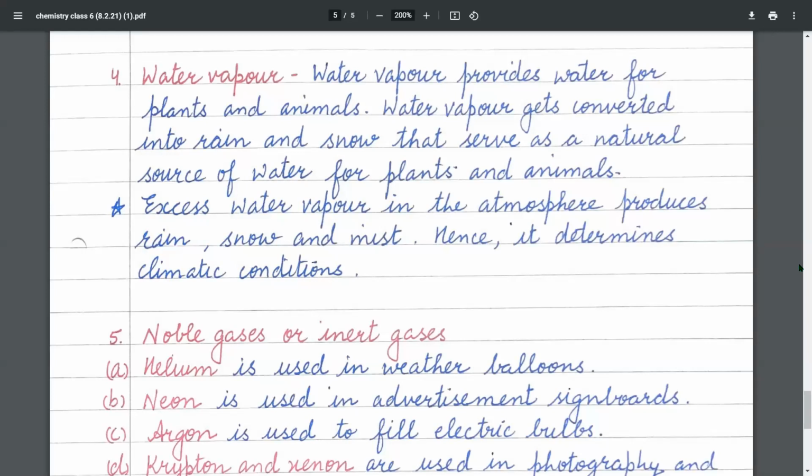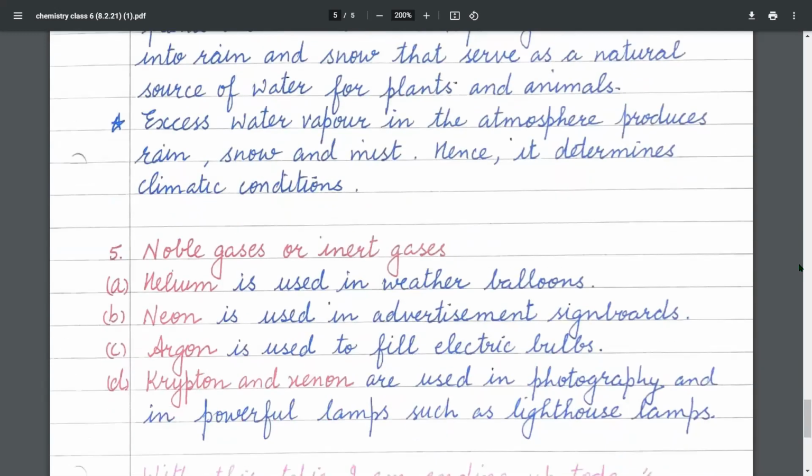Excess water vapor in the atmosphere produces rain, snow, and mist. Hence, it determines climatic conditions.